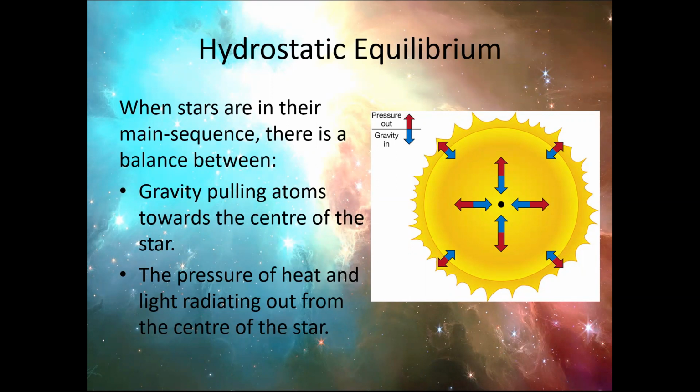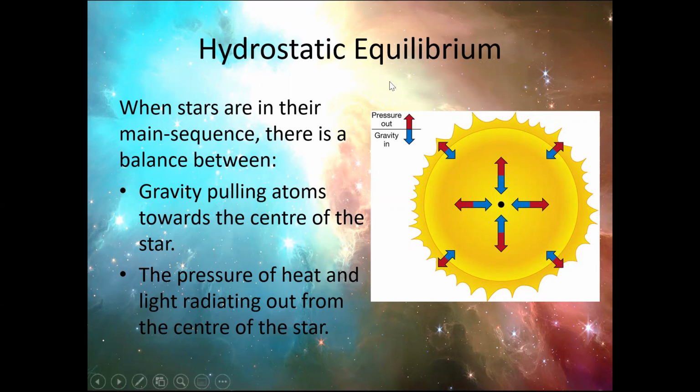Now, we do need to know this before we jump into the life cycle, because this is really the basis of what is causing stars to burn bright and have different colors, etc. So hydrostatic equilibrium is when stars are in their main sequence, and there is a balance between gravity pulling those atoms towards the center of the star, and also the pressure of heat and light radiating out from the star.